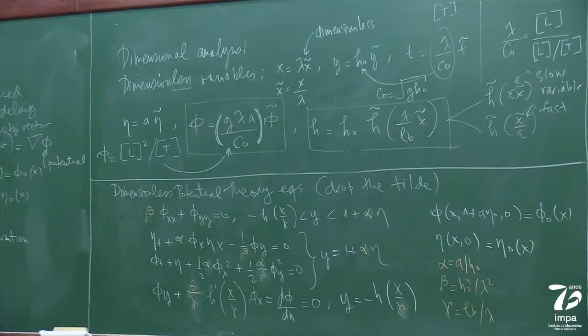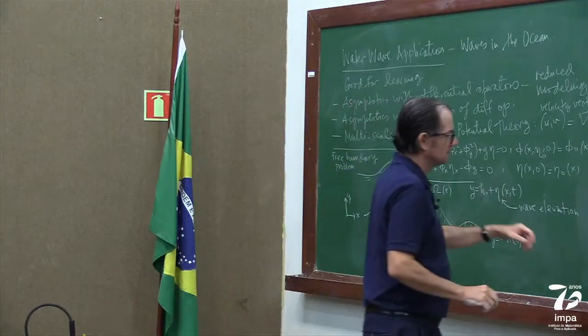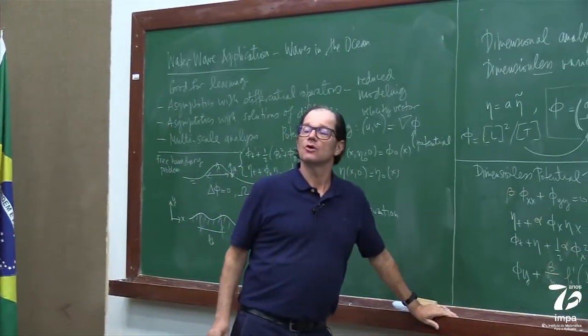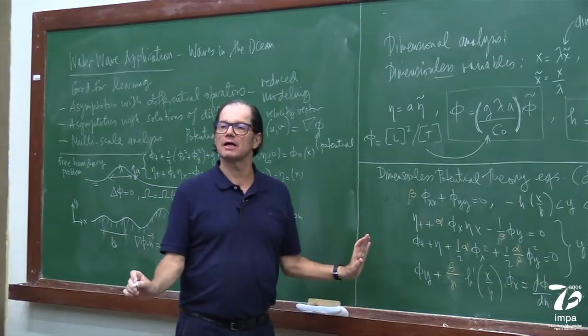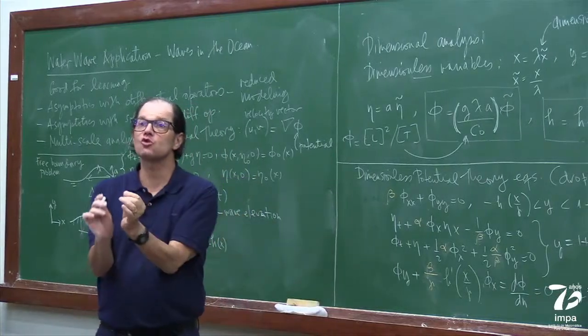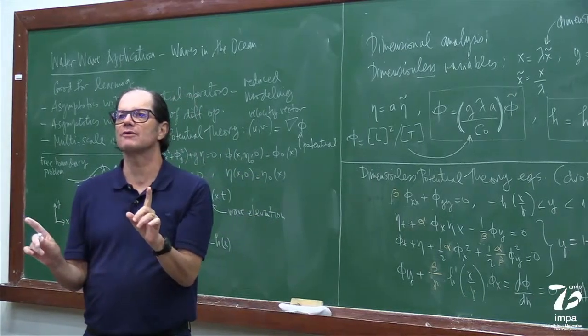I have my dimensionless potential theory equation, which will allow me to do many things. Okay? So the first thing, let me tell you, now I can show you in a very clear mathematical way the two sort of sources of nonlinearity of the problem.